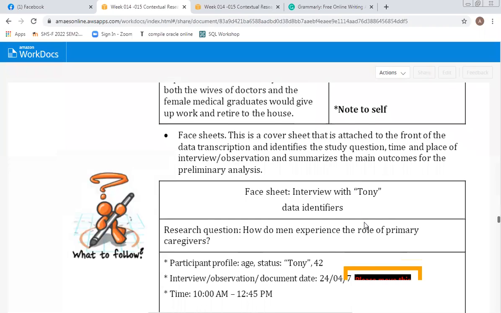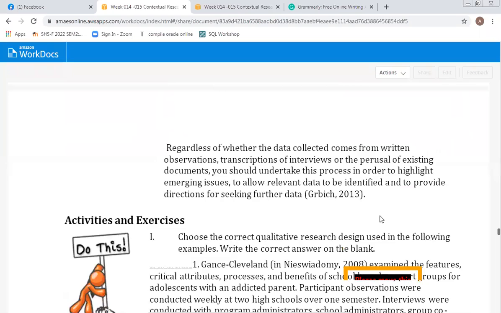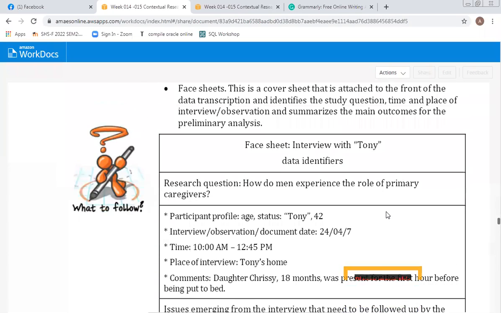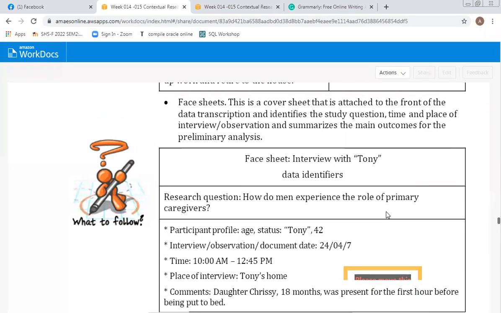And then, the last one, yung pangatlo, we have face sheets. Okay, face sheets. This is a cover sheet that is attached to the front of the data transcription and identifies the study question, time, and place of interview observation and summarizes the main outcomes for the preliminary analysis. Okay. Face sheets, interview with Tony.